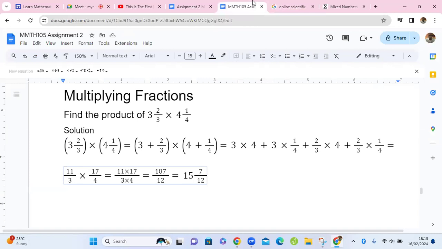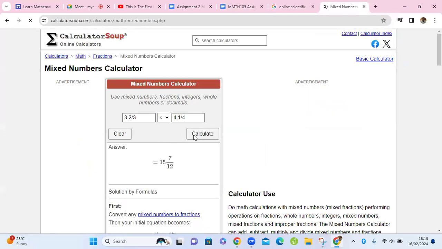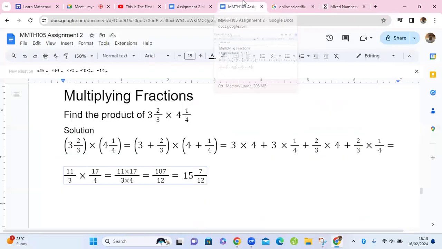Coincidentally, it's 4 and a quarter, so we have that 4 and a quarter there. And our operation now is times. And here we have our answer, 15 and 7 over 12. So it's easier to just convert the mixed number to an improper fraction, multiply straight across, and then simplify.